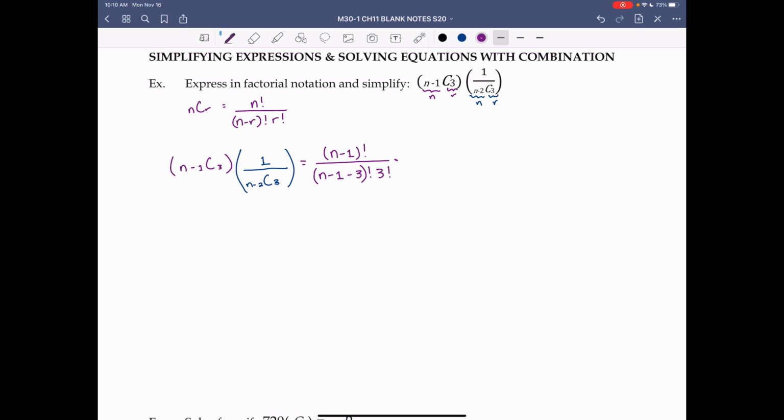Times, then we have our second set of brackets, which is 1 over the combination, so 1 over n factorial, which is n minus 2 in this case, so n minus 2 in brackets factorial, over n minus r, which is n minus 2 minus 3 factorial, and then r factorial, so 3 factorial. So we have a fraction within a fraction here.